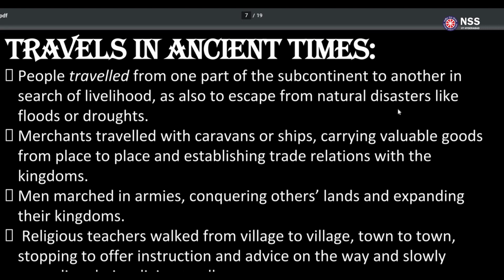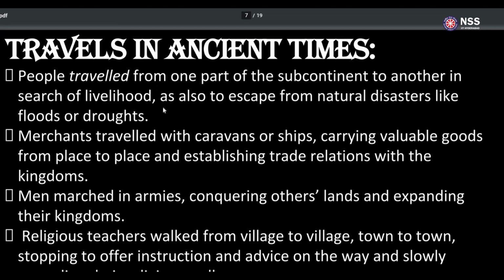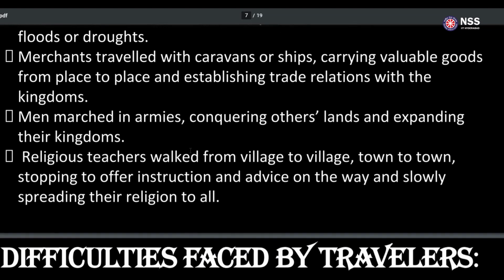Few traveled in order to rescue themselves from disasters and for livelihood, and few for the establishment of trade, and few in order to expand their territories, and few to preach their religious teachings in order to spread their religion to all. So these were different kinds of reasons which led people to travel in ancient times from one place to another.